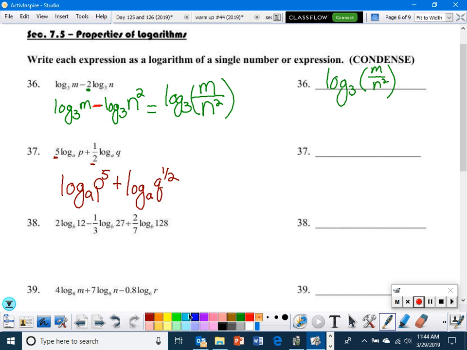Now the plus sign, that is our product property, so I'm going to rewrite that. And that is our answer.